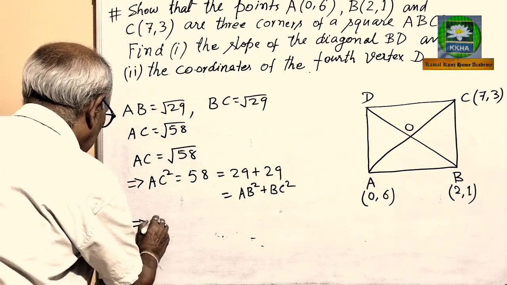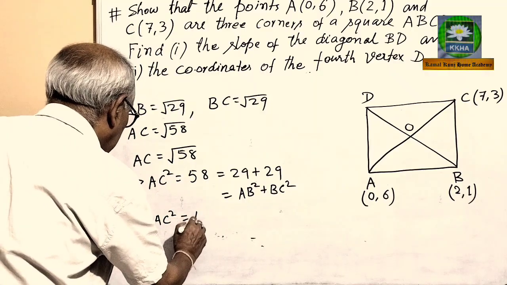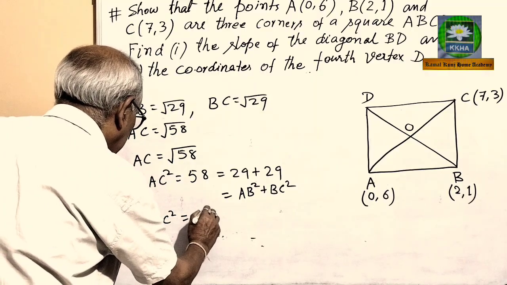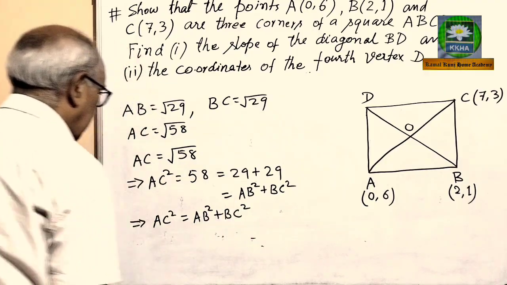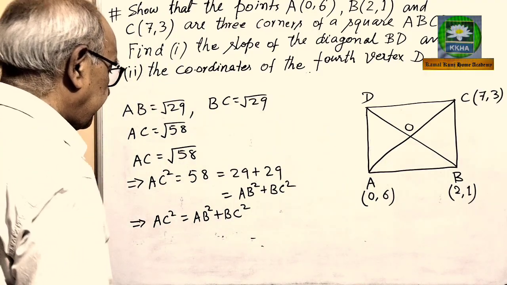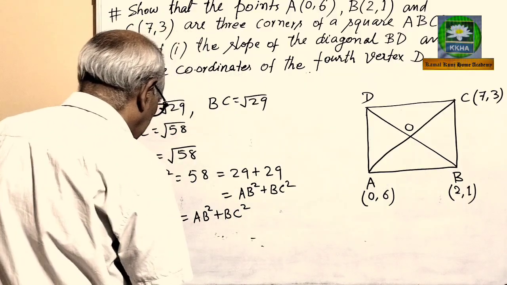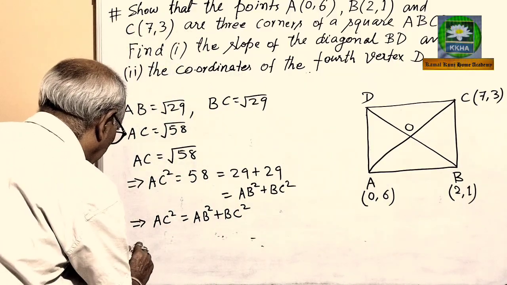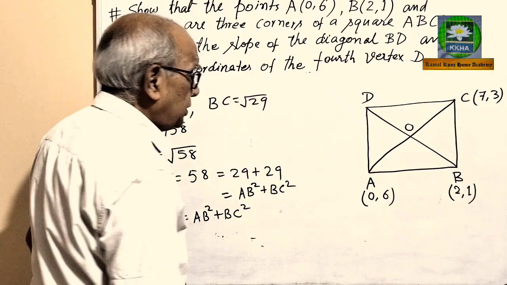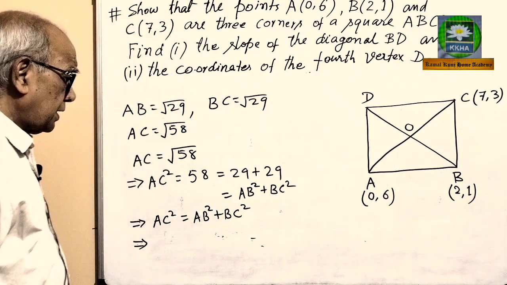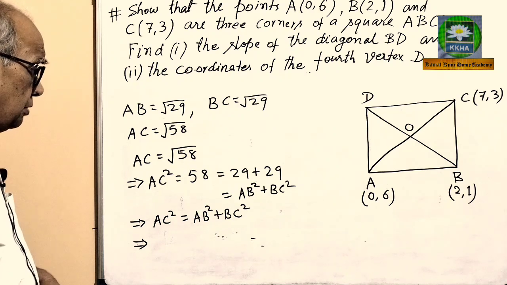This implies that AC square is equal to AB square plus BC square. This implies that ABC is a right triangle with sides AB and BC equal.